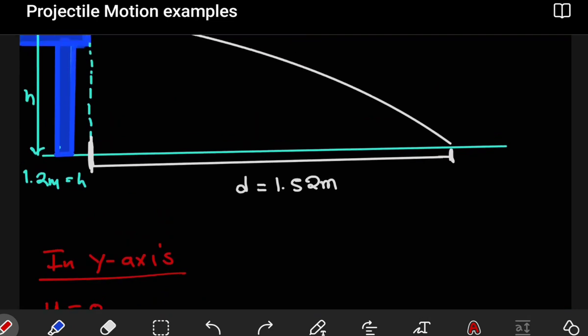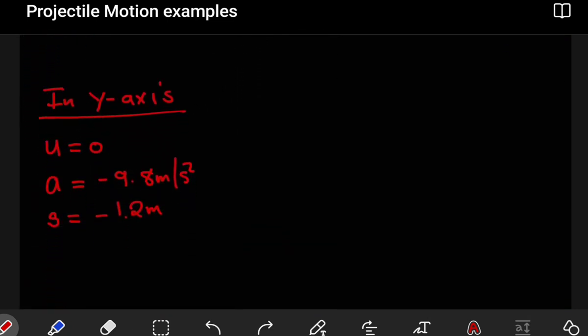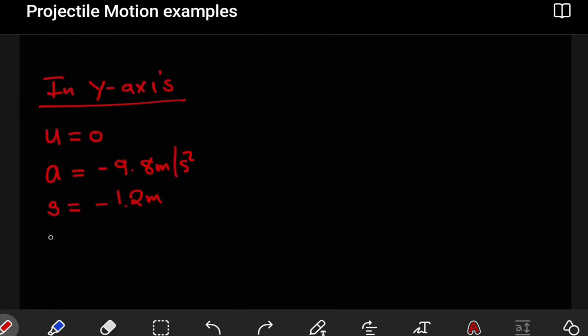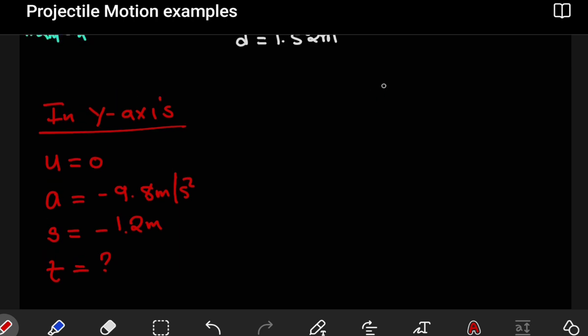The next thing in the y-axis is the time it would take to fall 1.2 meters to the ground, t. This time will be the same as the time it would take to cover that 1.52 meters in the horizontal axis. So let's see what we have in the x-axis.